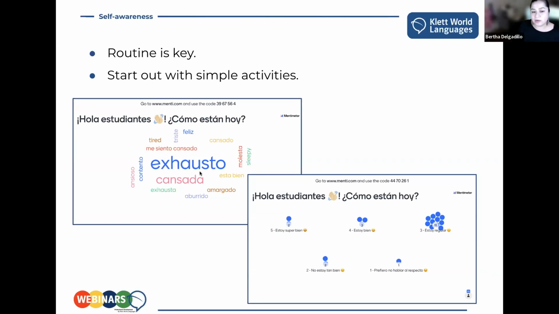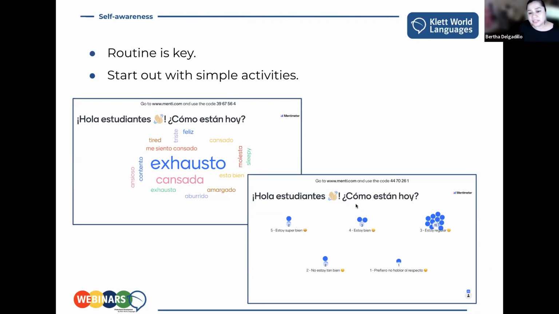Menti puts it in a word cloud form, and I can see that they're tired, exhausted, happy, anxious, sleepy, whatever mood they're feeling, it tells me. So it's one way in which I can do it.